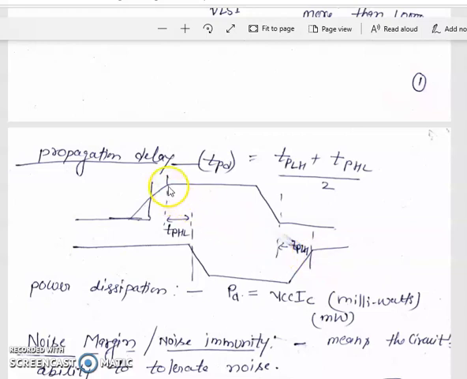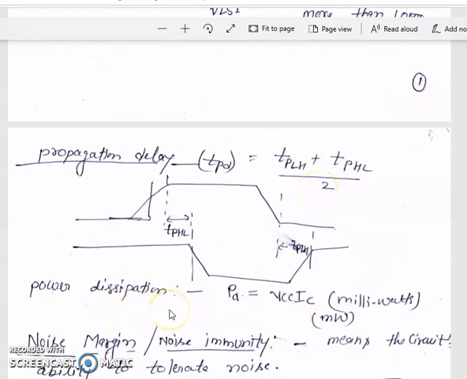See here, this is the high level and here this is the low level. From high to low, this propagation time is denoted by TPHL, and this is TPLH, and the average of both is called the propagation delay.